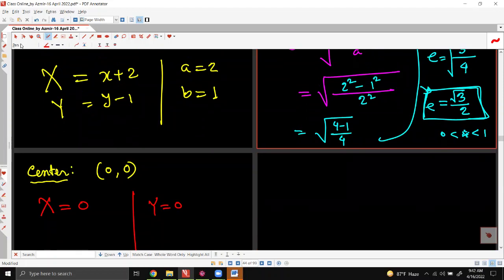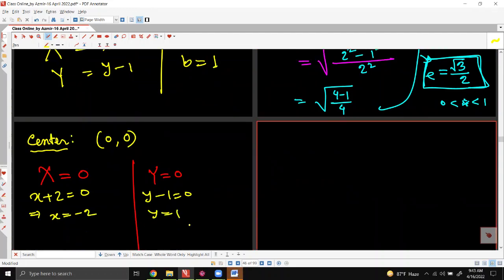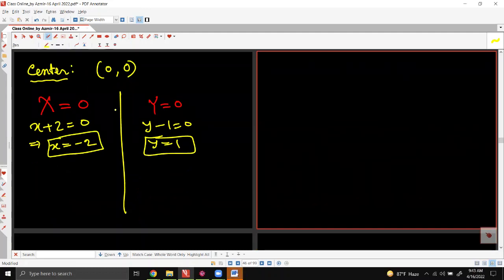So capital X is x plus 2, and capital Y is y minus 1. So from here we can see x is minus 2, y is 1. So that means the center is at minus 2, 1. So the center has been found.